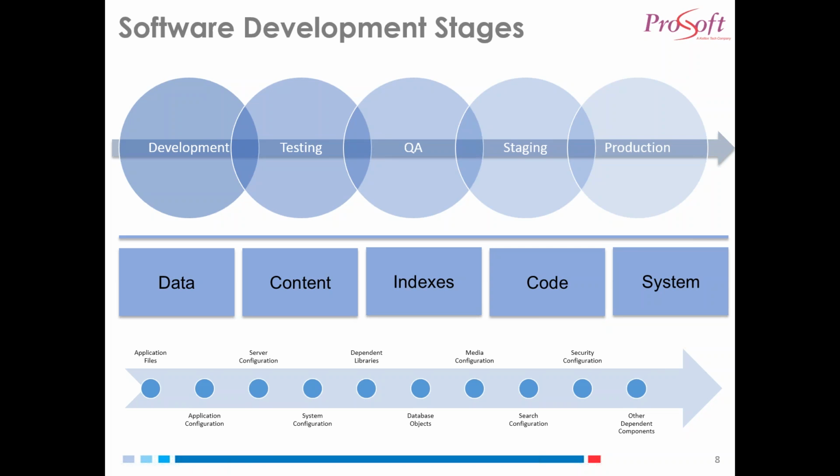This is more like module testing, where we would like to test end-to-end business processes. So the need for data, content and web content emerges, and the complexity goes higher. QA is the same, it goes higher, then staging, production.